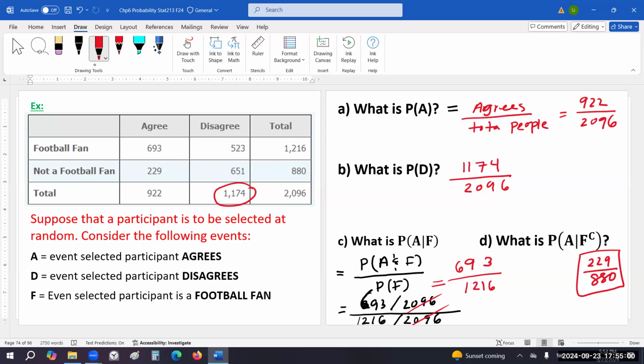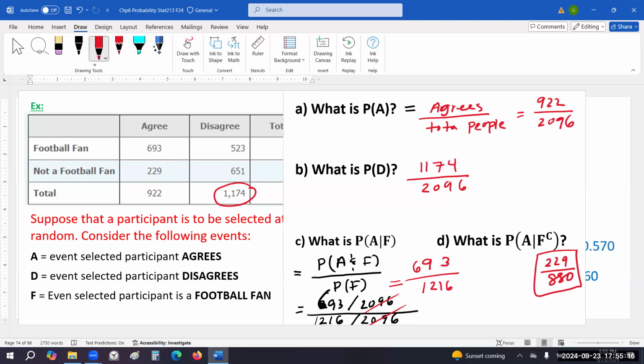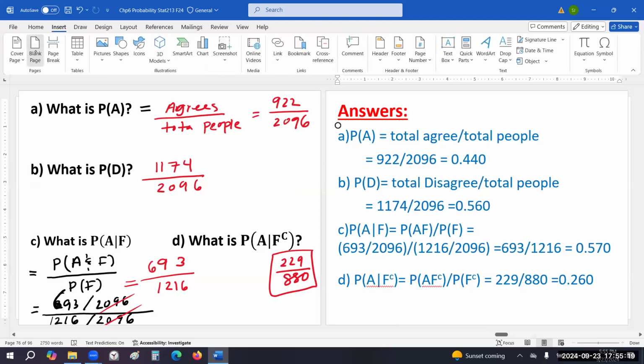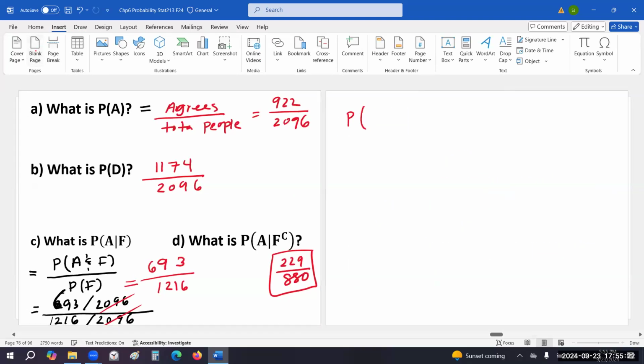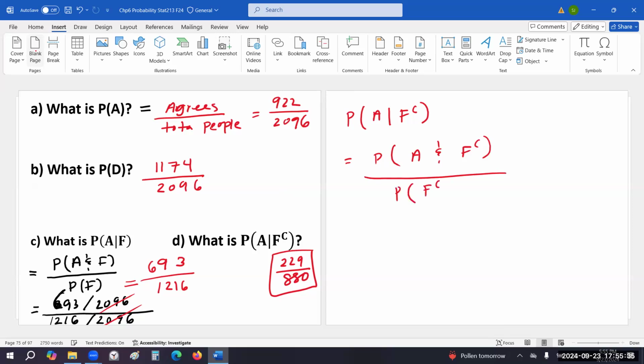Shortcut. Do any of you need to see the details? How did you figure out the shortcut? Do you have a question or do you want me to show you the details? Then let's apply our definition. Our definition says probability of agree given not football fan is probability of agree and not football fan divided by probability of not football fan.